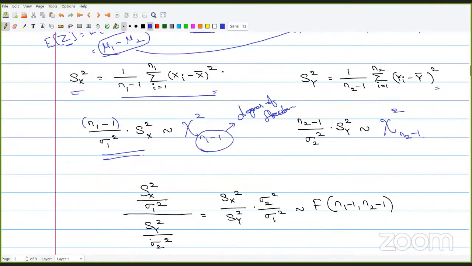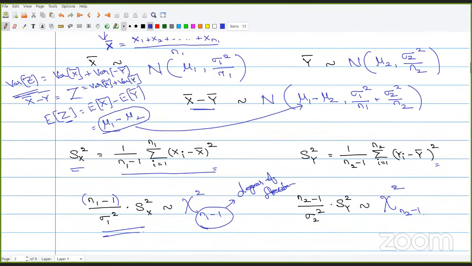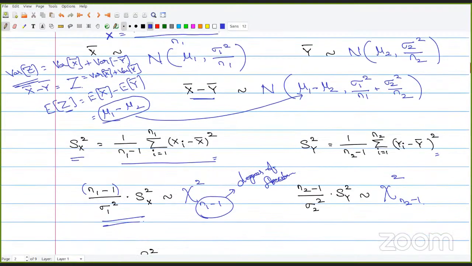Let's come back and discuss this. So (n1 minus 1) divided by sigma 1 square times Sx square follows a chi-square distribution, and this will follow another chi-square distribution. Now comes the F distribution.